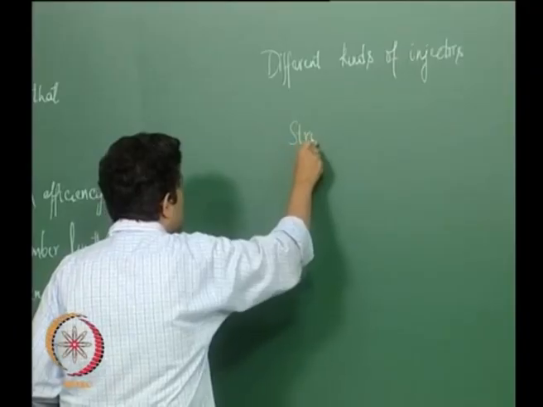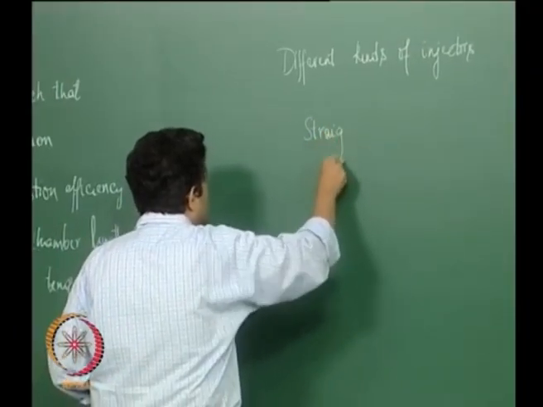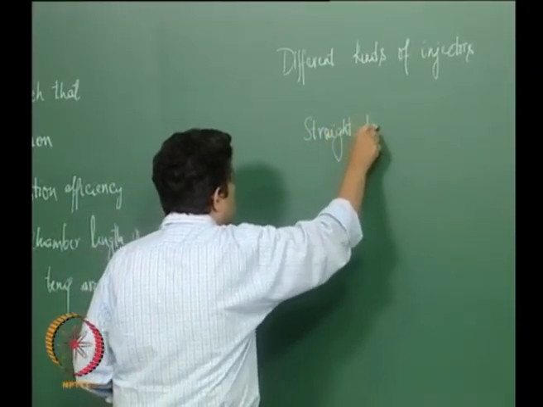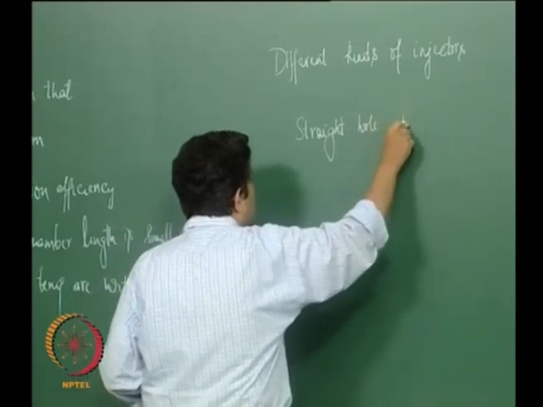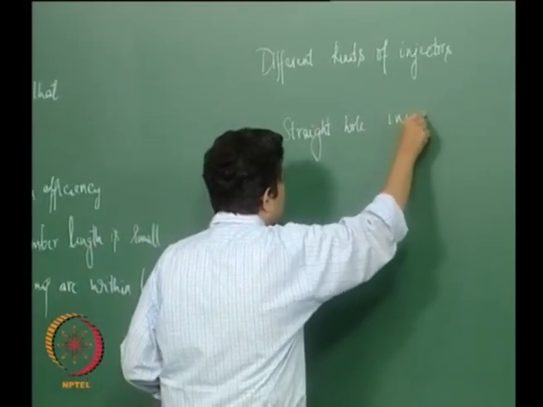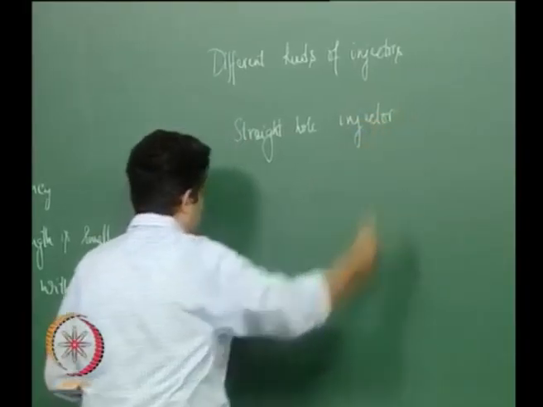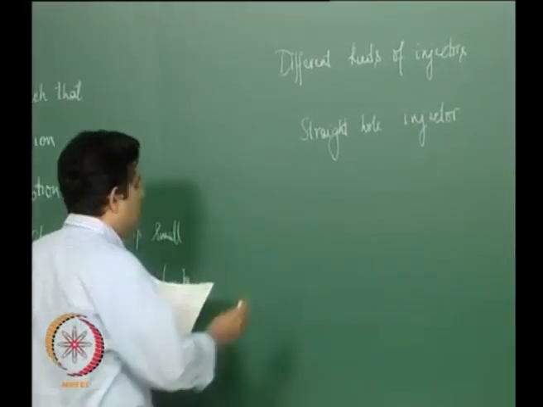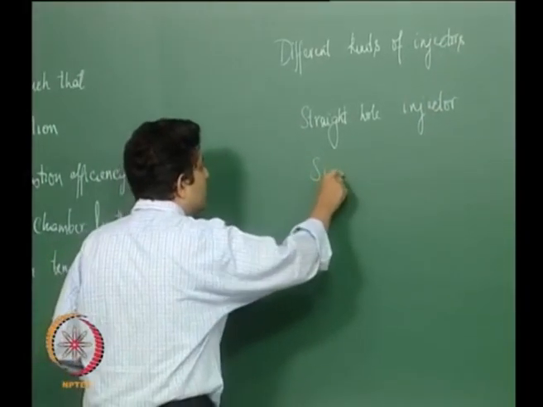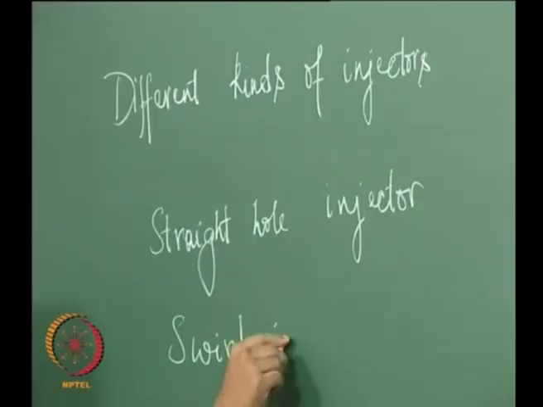One is a straight hole injector, then there are swirl injectors.